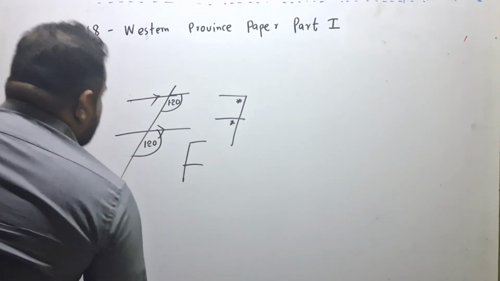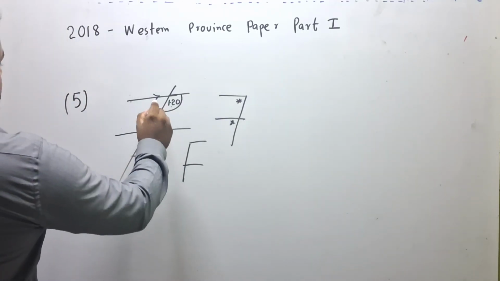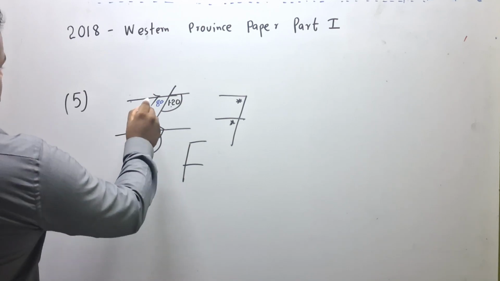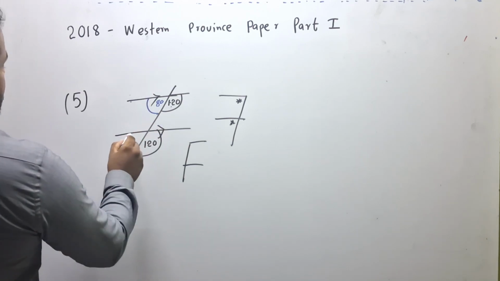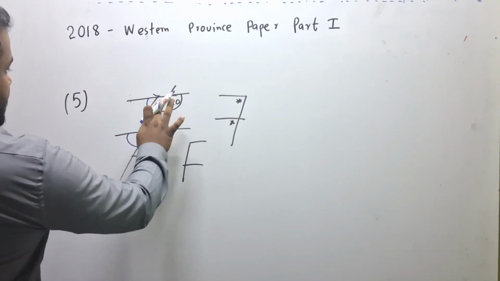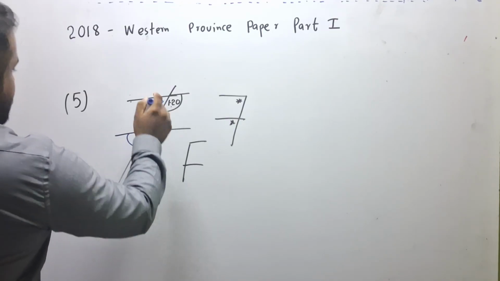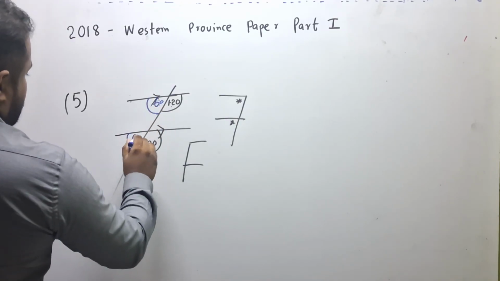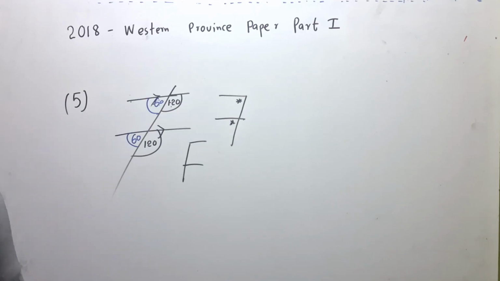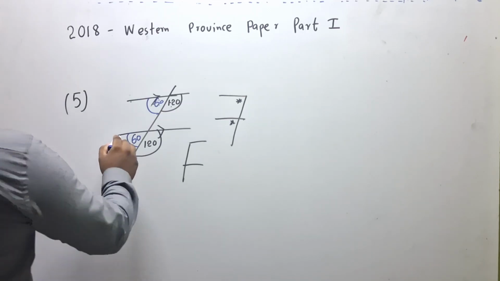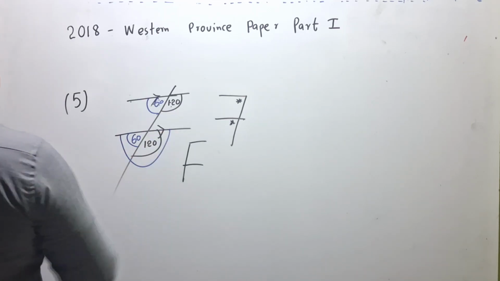Then if this is 120, we know this is 60, and according to the F shape this is 60 and this is also 60. Also 60 plus 120 is 180.